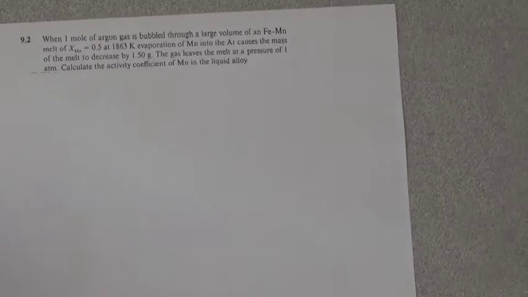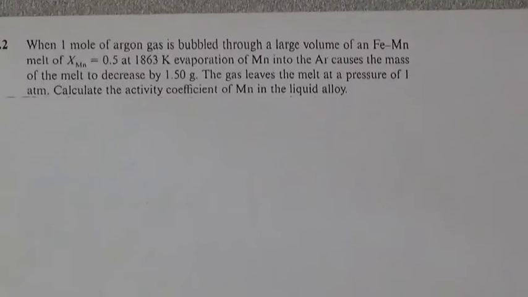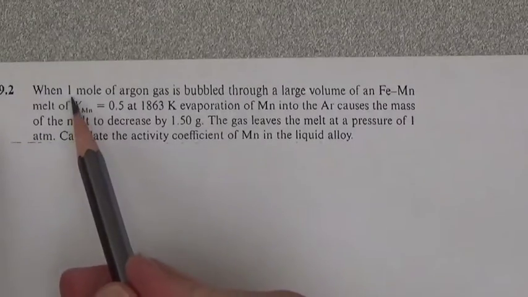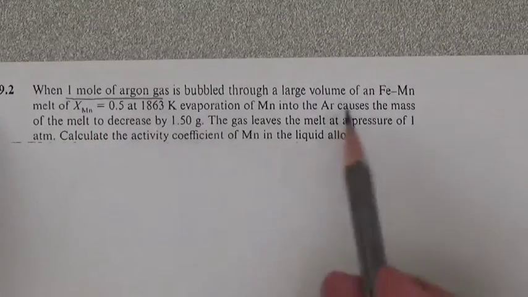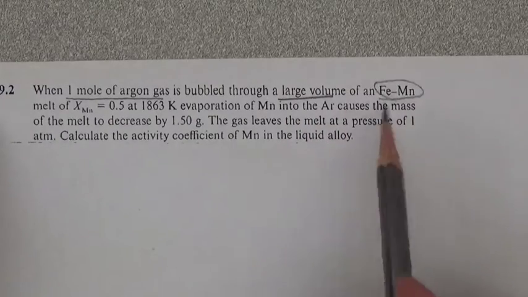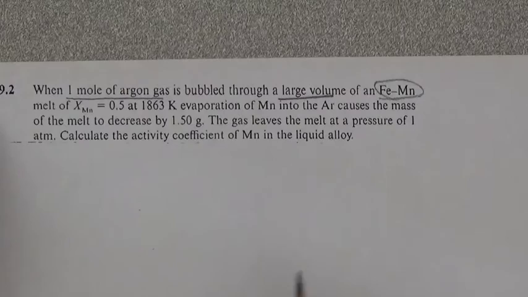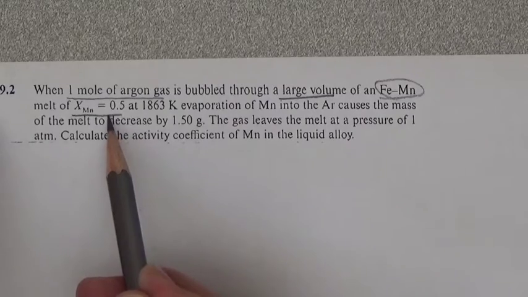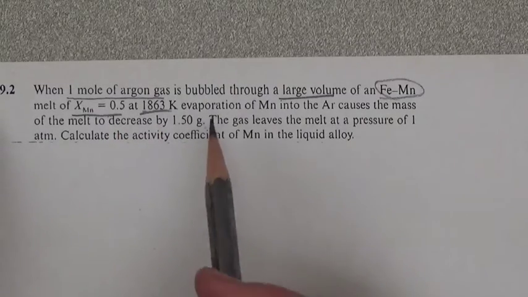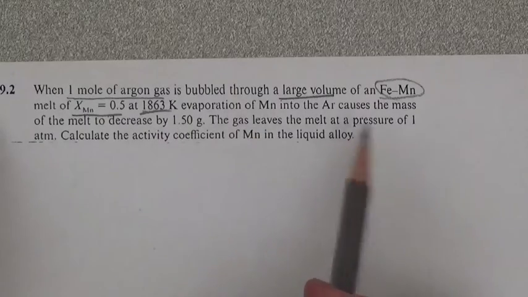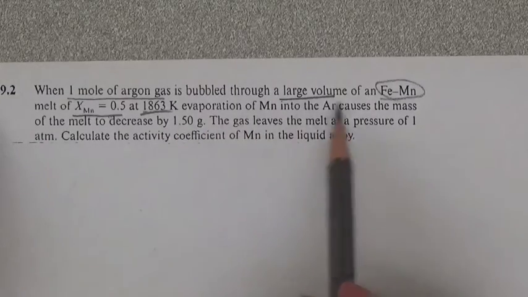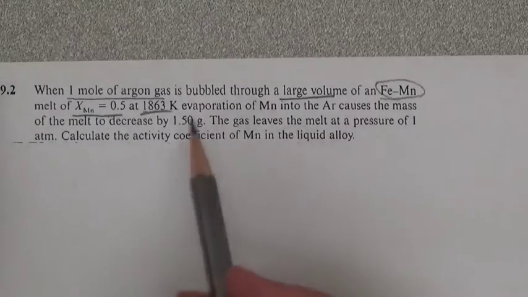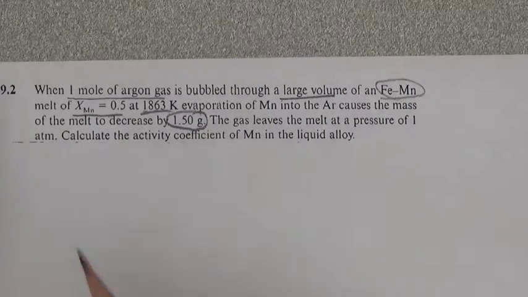In problem 9.2, we're saying if you have 1 mole of gas that bubbles through a large volume of a mixture of iron and manganese, in which the composition is given as a 1-to-1 ratio of manganese to iron, and you're given the temperature, then the large volume changes mass by 1.5 grams.